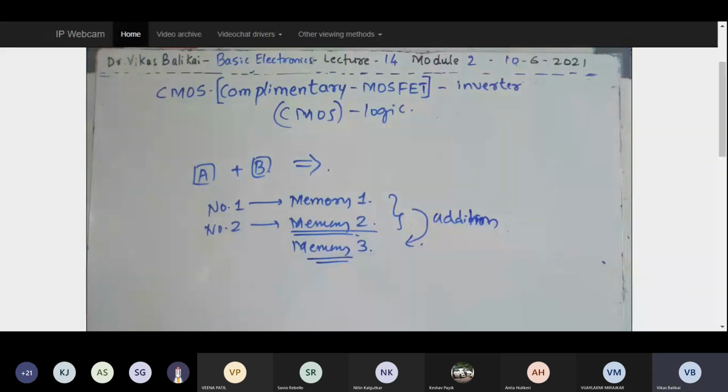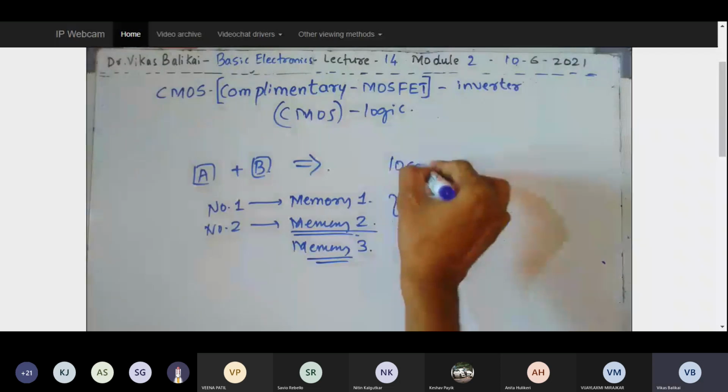I'm talking in terms of the circuit level, the architecture level, or the application level. So this could be my logic 1.